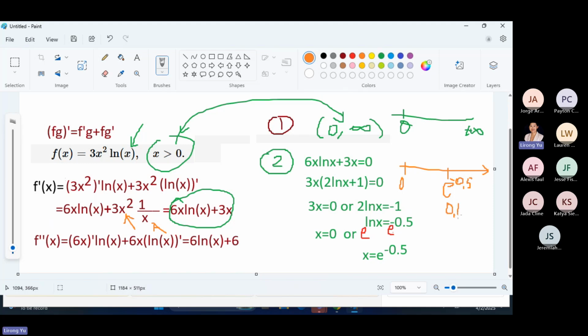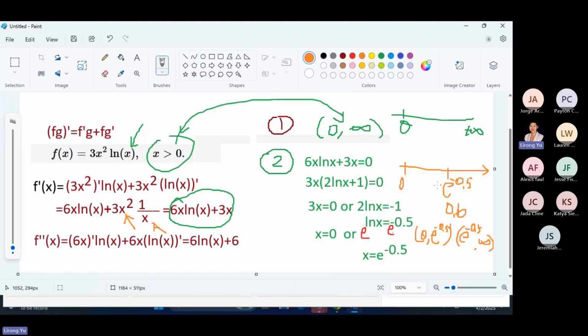Because we want to find increasing, decreasing, we have to know how big the number is. So now we have two intervals. The first interval is 0 to e to the negative 0.5, and we start with 0. The second interval is e to the negative 0.5 to infinity. So those are the two intervals.